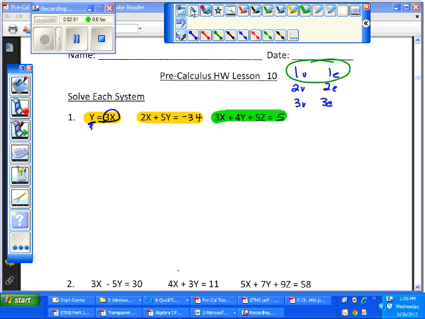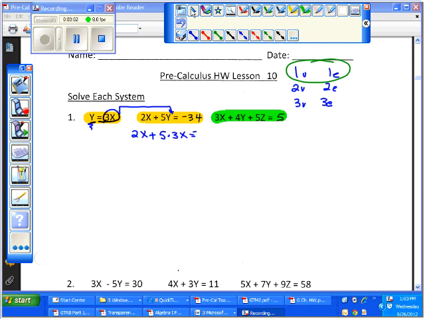Now, to do that, we're going to use substitution. It says y is equal to 3x. We're going to put that in place of y. So we have 2x plus 5 times my y, which is 3x, is equal to negative 34. What that did is take me from an equation in two variables to an equation in one variable, x. Once I'm down to one variable, then it's order of operations time.